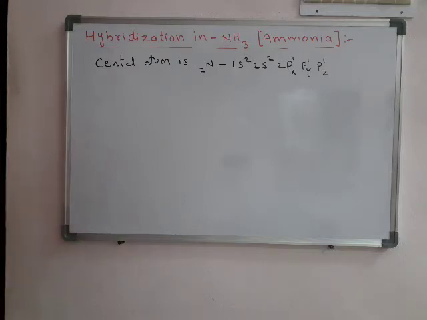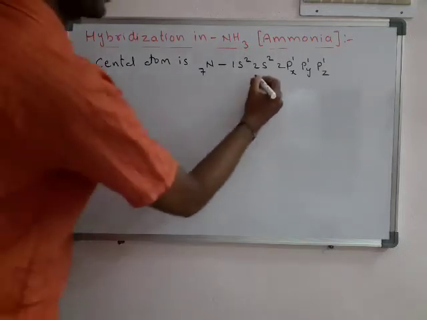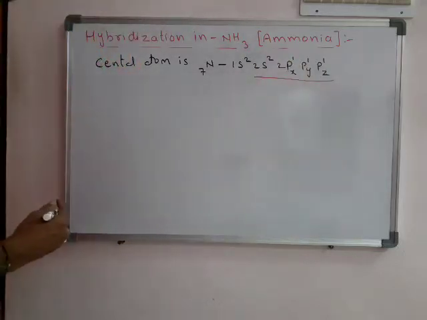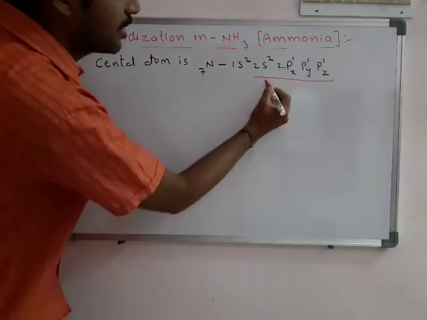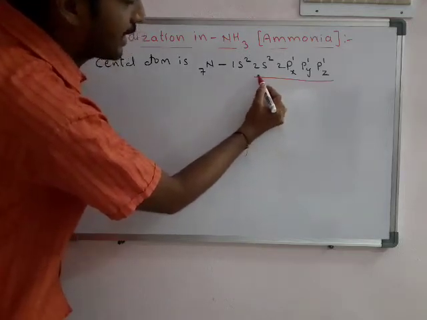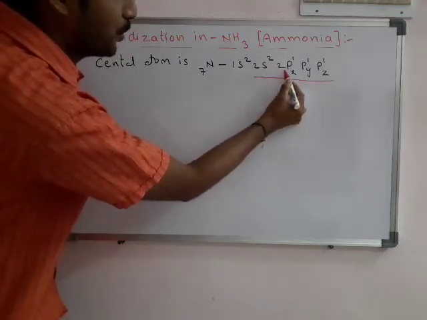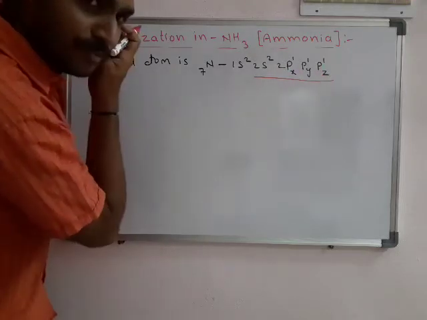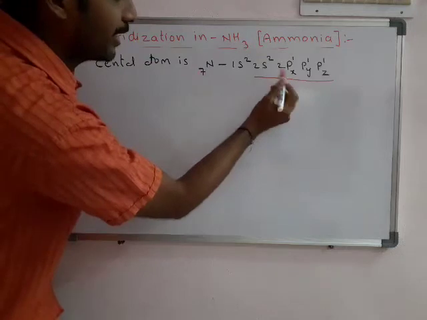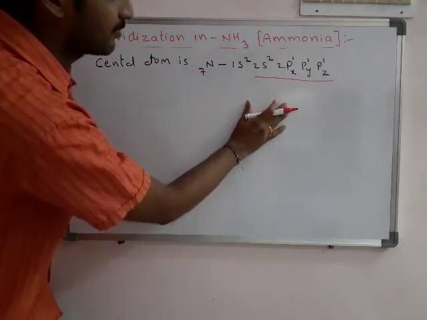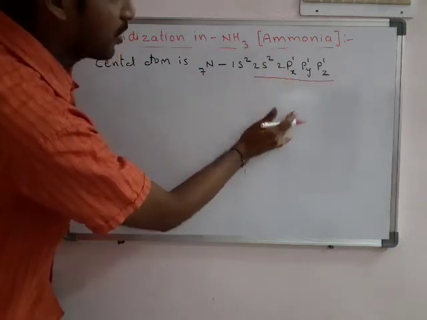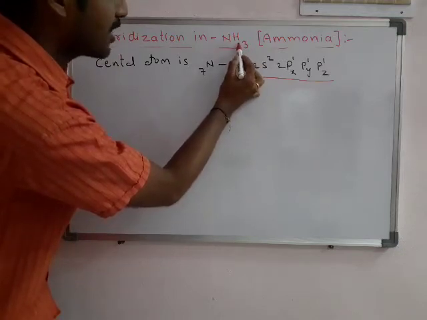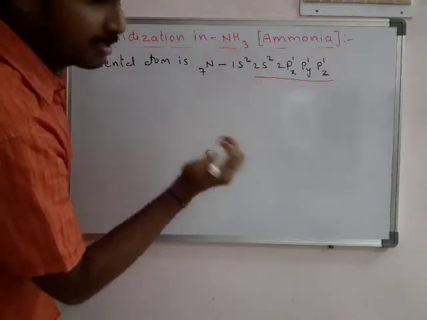So now this is the position of nitrogen, this is the valency, and this is the outermost shell of nitrogen. What does the outermost shell contain? 2s2, 2px1, 2py1, 2pz1. Actually, there is no need for excitation, because nitrogen should form bonds with only 3 hydrogens.